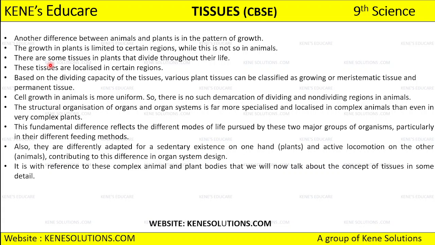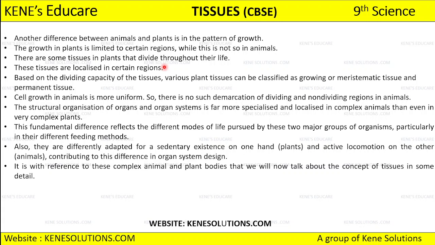Now another difference that exists between plant and animal is the pattern of growth. What pattern do they follow when they are growing? Okay, so the growth in plants is limited to certain regions, while this is not so in animals. Now if an animal is growing, the hands, the legs, the face, everything grows together, right? So it is not limited to a certain region, that only the legs are going to grow.